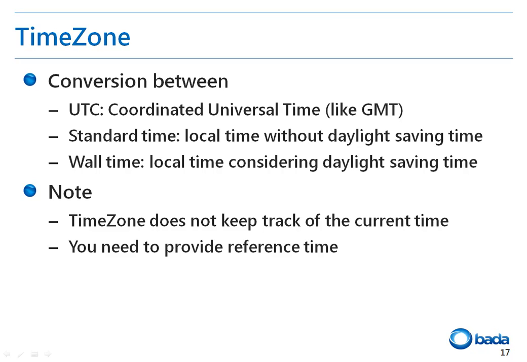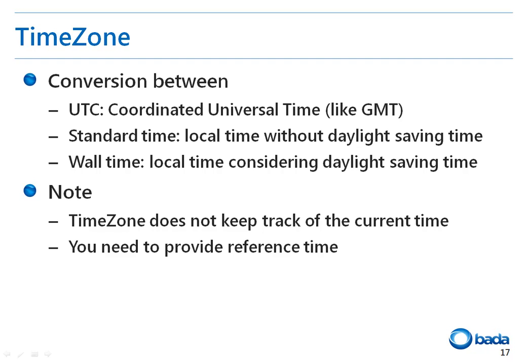Now, let's have a look at the time zone class. The time zone basically performs the conversion between UTC, that is, Coordinated Universal Time, standard time, and wall time. UTC is a standard time system, such as GMT.